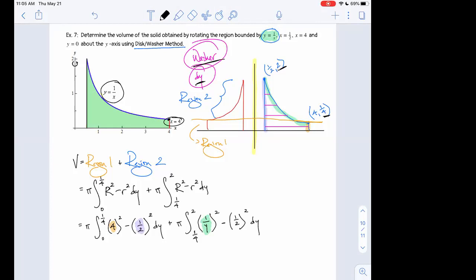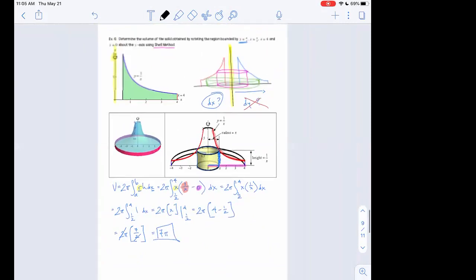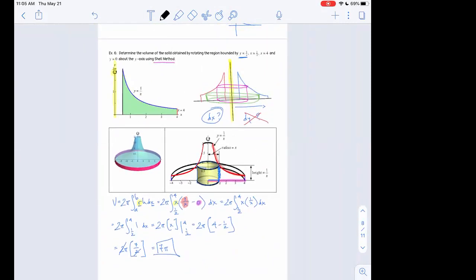So before we start solving this, let's take a look back at example 6. I mean, in the time that we took to set that up, we solved this question. We like set it up, we solved it, we were done. Right? So the point of this is to say that disk and washer method, I think, is where we start to learn how to visualize things.